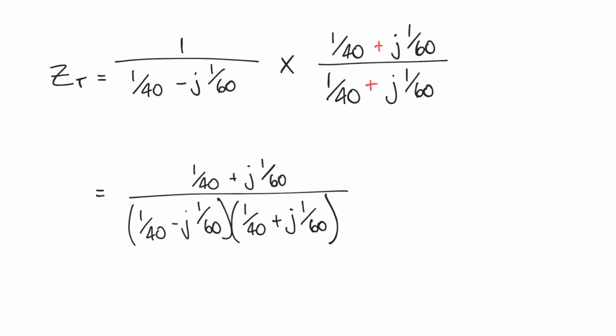The numerators are easy enough because we're multiplying by 1, and so we have that conjugate on the top still, 1 times this numerator here. On the bottom, I've set up these double brackets: the original denominator multiplied by its own conjugate.